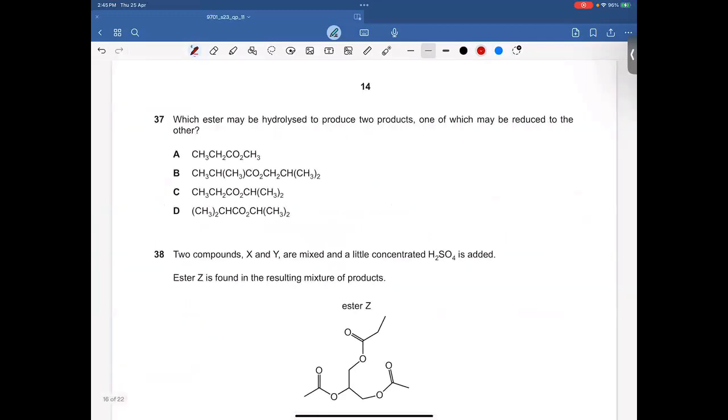Question number 37. Which ester may be hydrolyzed to produce two products, one of which may be reduced to the other? The toughest one, I must say.